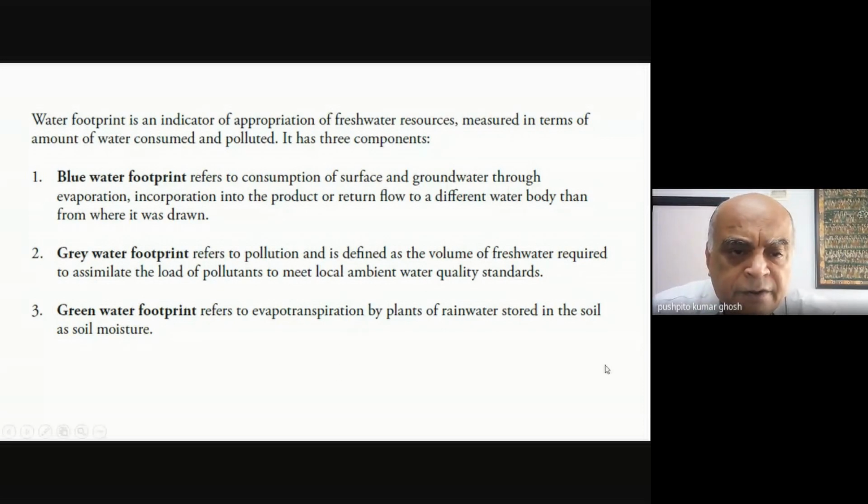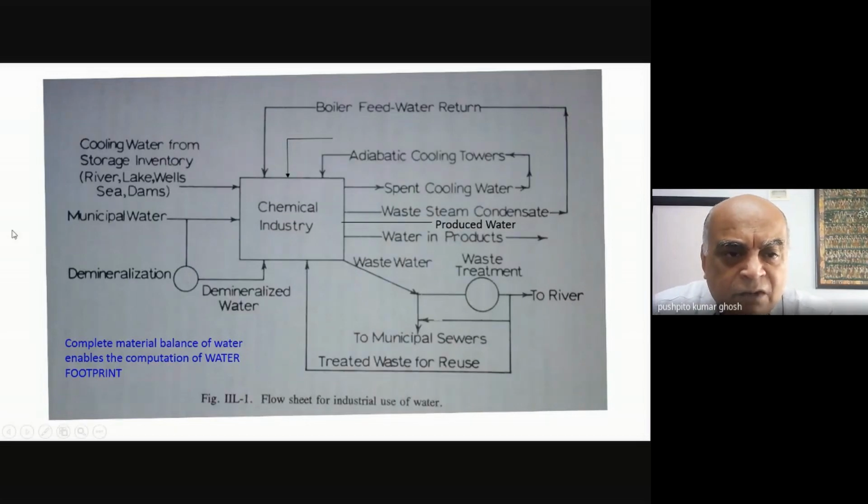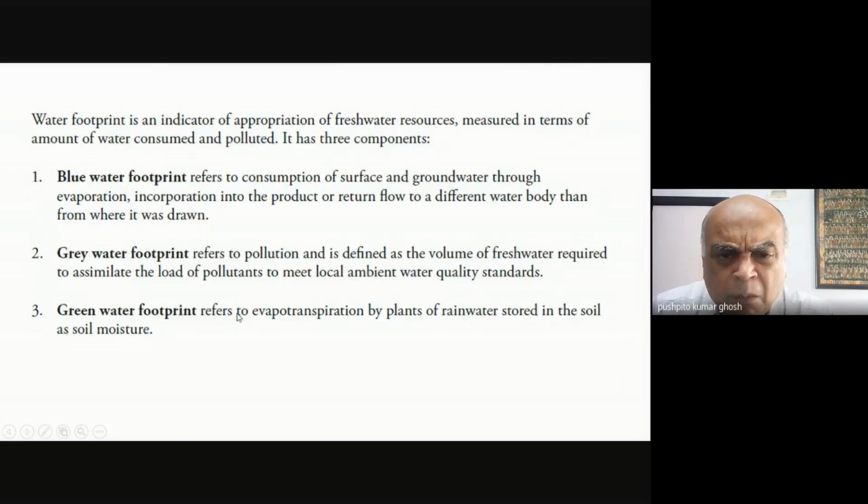So there are really three components to it. One is what is known as the blue water footprint. That, in essence, is really the water that I'm taking in from the municipality or the rivers, lakes, etc. How much am I actually taking? And it is sometimes being returned, but not to the same body.